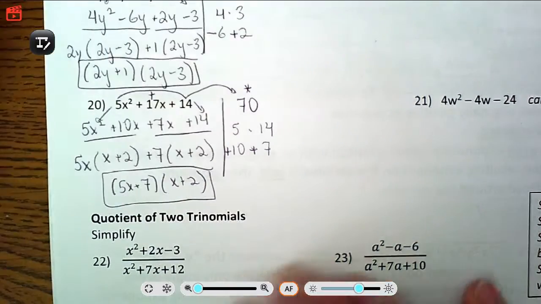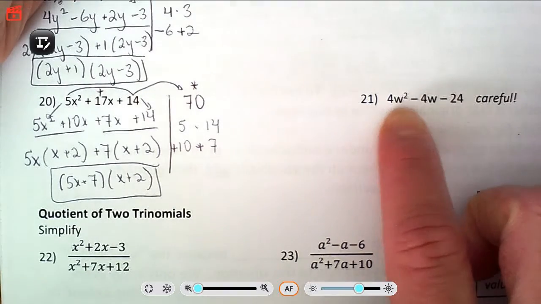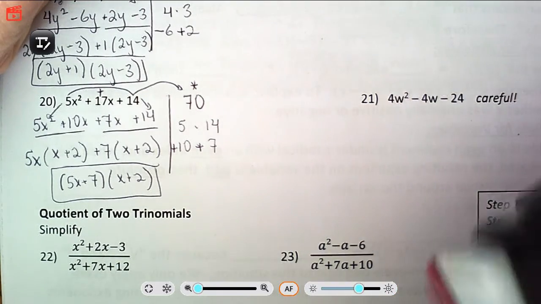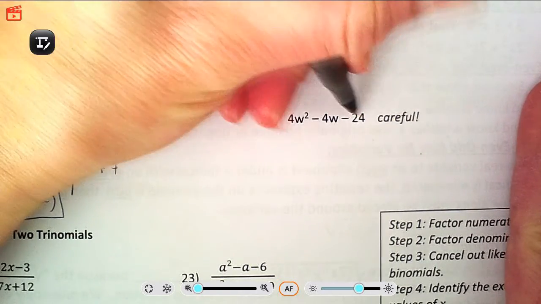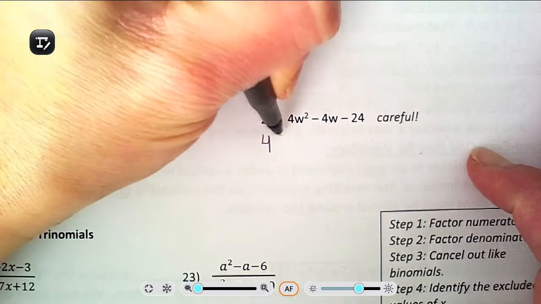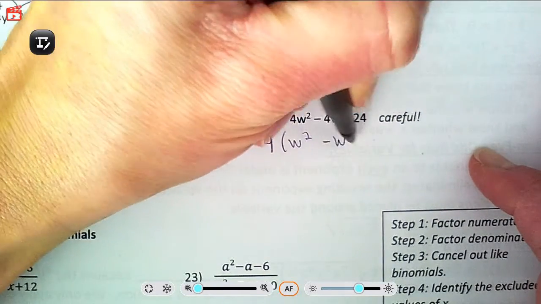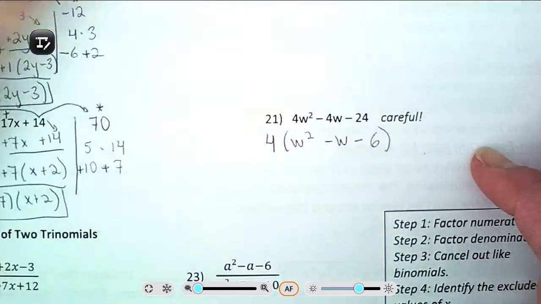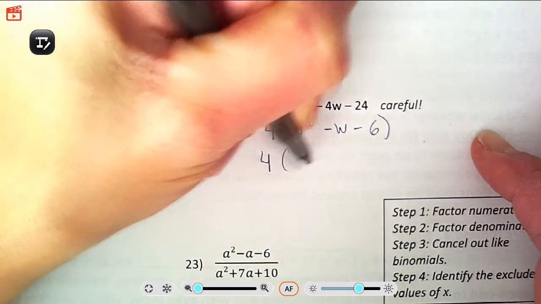Now, just because a trinomial has a coefficient in the front doesn't mean that you have to do the double rainbow method. If you can avoid it, try to. Notice how 4, 4, and 24 all have a 4 in common. So let's try to GCF first. W squared minus w minus 6. Wonderful. Keep that GCF in the front.